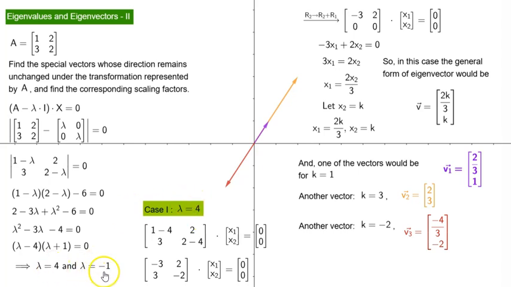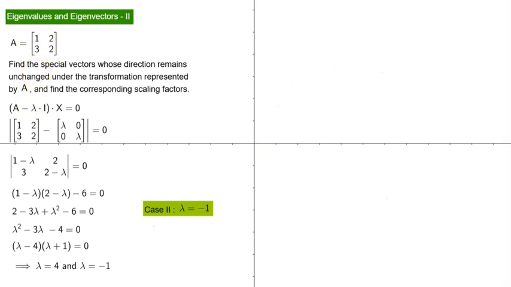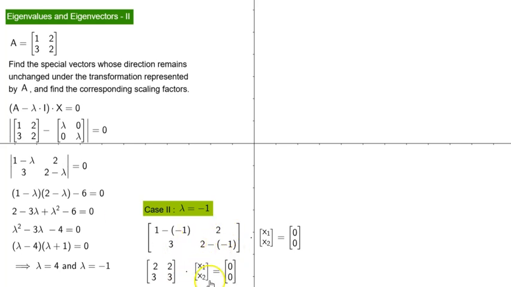Now let's take the other case, lambda equal to minus 1. When lambda is equal to minus 1, we get the matrix [1 minus minus 1, 2; 3, 2 minus minus 1]. Simplifying it, we get this. And now reducing the matrix, we get [2, 2; 0, 0].